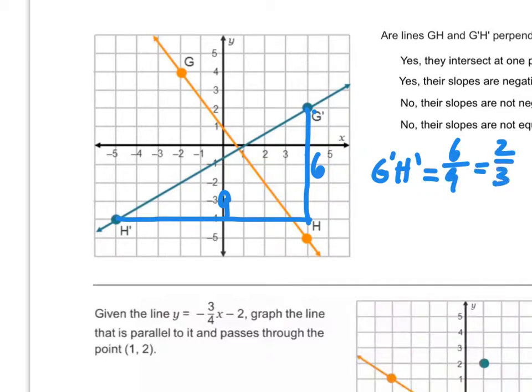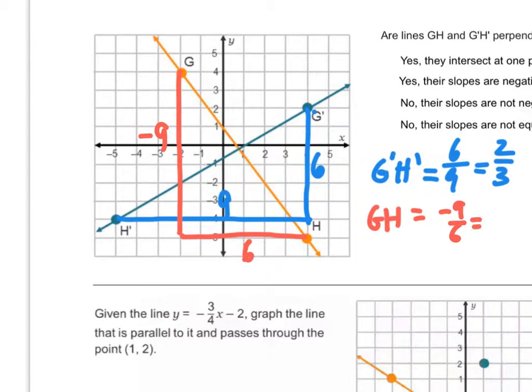Now, if we find the slope of GH, we just want to go over and up, creating that right angle. We go from 4 to -2, which has a distance of 6, and I have a vertical distance from 4 to -5, which is -9. So this is -9 over 6, which simplifies down to -3/2.